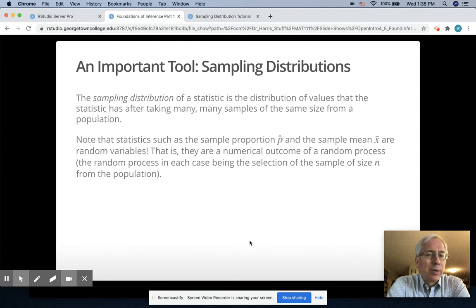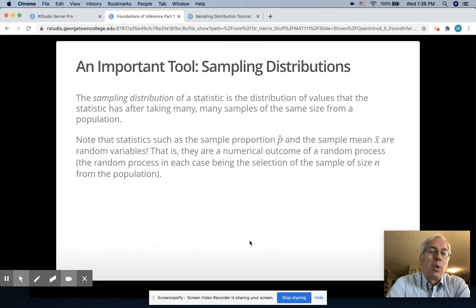But if you took a different sample, you probably should expect that you're not going to get the exact same value for the sample proportion that you did from the first sample. Because the sample that we choose depends on random chance, we expect to get a different value most of the time for the sample proportion from sample to sample.